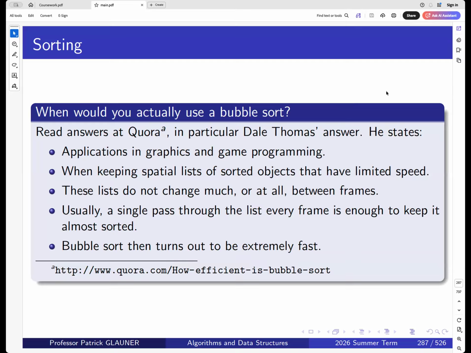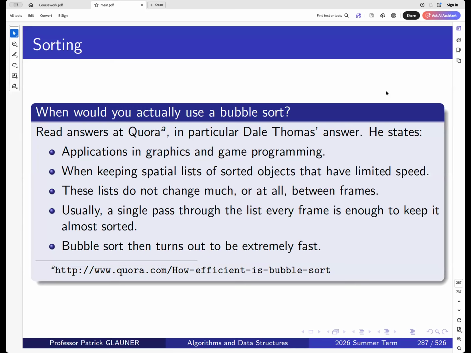And what was argued is, especially if you bring in some order in computer graphics and game programming, where not every frame matters too much, but the real time matters, maybe something is not perfectly sorted in one frame, but maybe 5 frames later, that's enough, especially if it's just a few pixels. And what you can do is you don't need to run the bubble sort until it terminates, but maybe you do a few passes of the bubble sort.